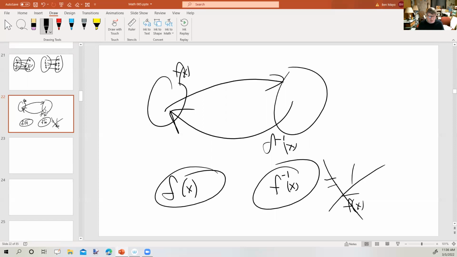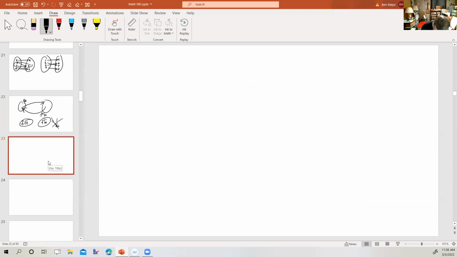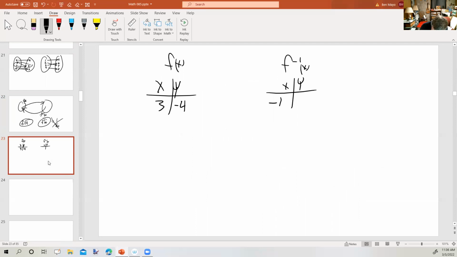One is that an ordered pair in a one-to-one function, let's say you've got f of x, and one of the ordered pairs is (3, -4), okay? Well, then for the inverse function, one of the ordered pairs would be (-4, 3), because all of the ordered pairs, their x and y values would switch if you have a function and then its inverse.